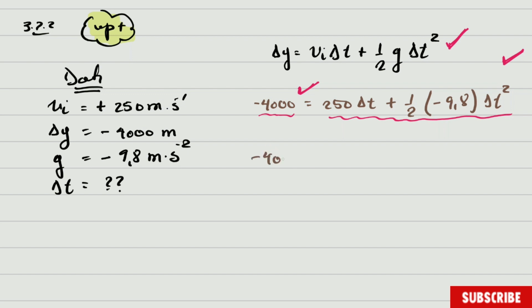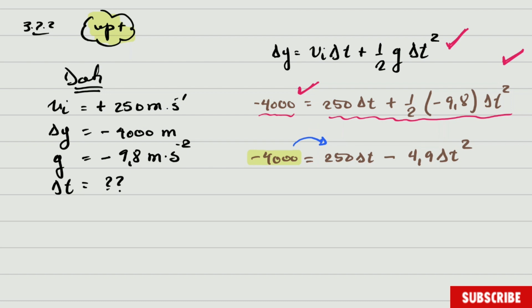We have 4,000 on this side, which is equal to 250 delta t minus, when you solve this part here, you'll get minus 4,9 delta t squared. We're going to rearrange this formula, and we are going to move this 4,000 to the other side. So we're going to move this 4,000 here to the right hand side, okay?